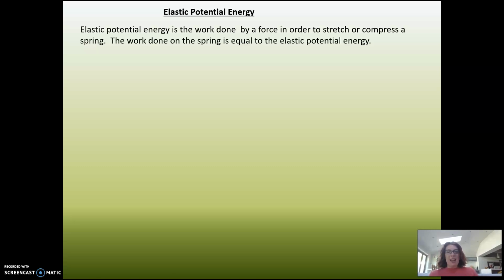All that means is how much energy do you have to put in to make it stretch, okay? And the work done on a spring is equal to the elastic potential energy. So how much energy you put in is then stored in the stretched spring, ready to be released when you let go.